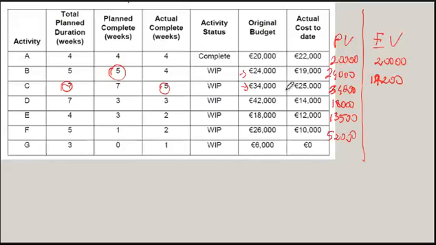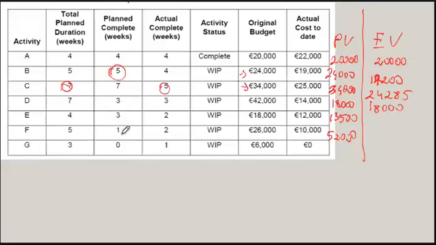And here, for activity C, we actually completed 5 out of 7 times 34,000. So 24,285 sits here. For this one, we completed 3 out of 7 out of 42, so the same as planned, 18,000.